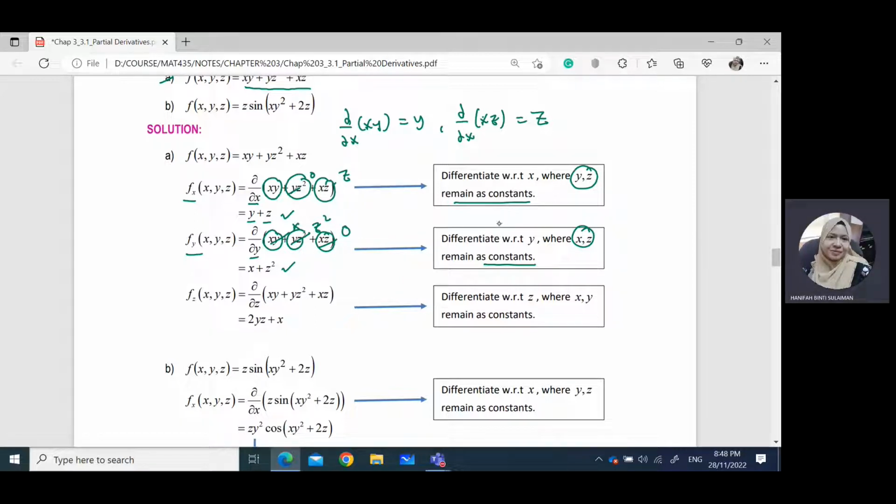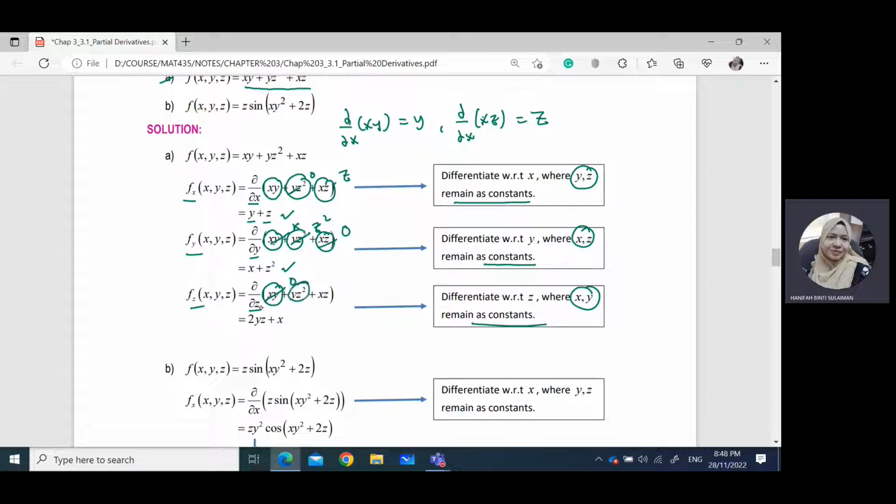Okay, so the last one, we differentiate with respect to z on the given function, which is xy plus yz squared plus xz. So x and y remain as constants. Okay, so we focus on z. So differentiating with respect to z on the first term here, xy are constants, so we have 0.